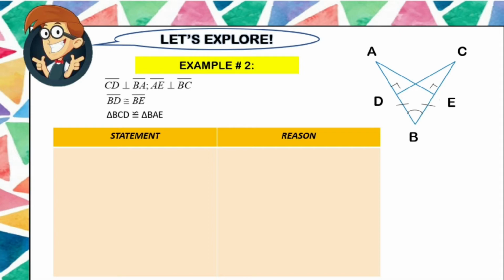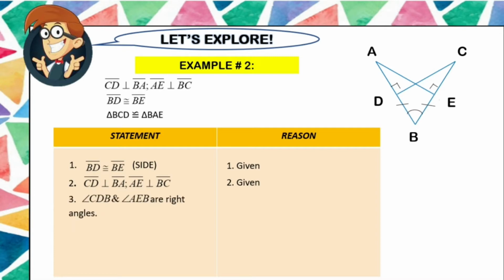For our first statement, segment BD is congruent to segment BE. For the second statement, we have segment CD is perpendicular to segment BA, and segment AE is also perpendicular to segment BC. Both first and second statements are already given.